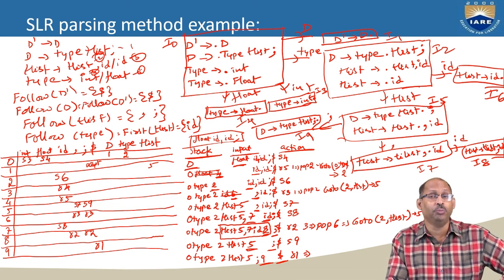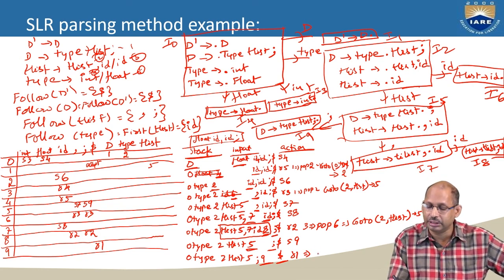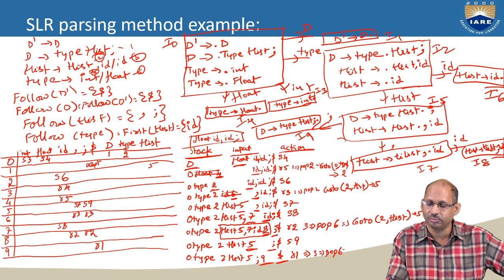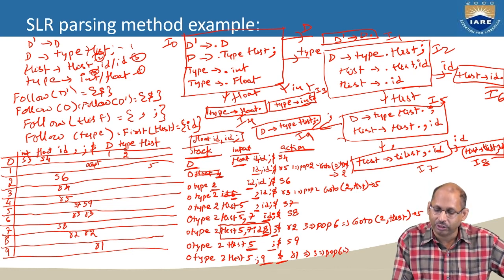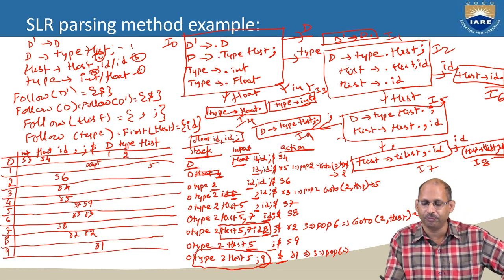In R1, how many symbols are there? 3 symbols. So pop 6 symbols. What are the 6 symbols? 1, 2, 3, 4, 5, 6. All these 6 symbols should be popped.